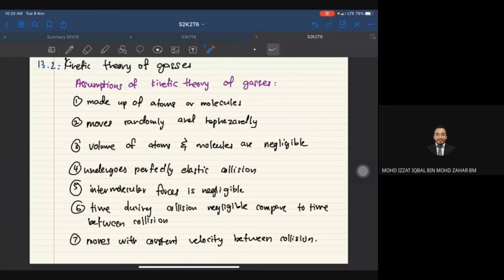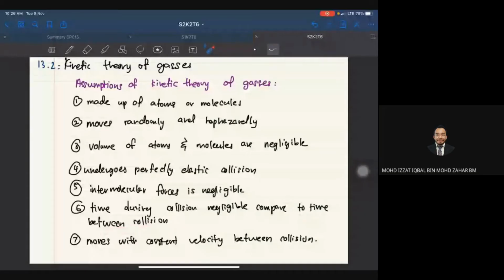Okay, and then the time during collision is negligible compared to the time between collisions. Maksudnya waktu ketika pelanggaran tu sangat singkat, dia sentuh sekejap je, so we ignore those things and we just consider the time between collisions. Kalau kita consider dia ada main banyak peranan lagi, we have to consider.